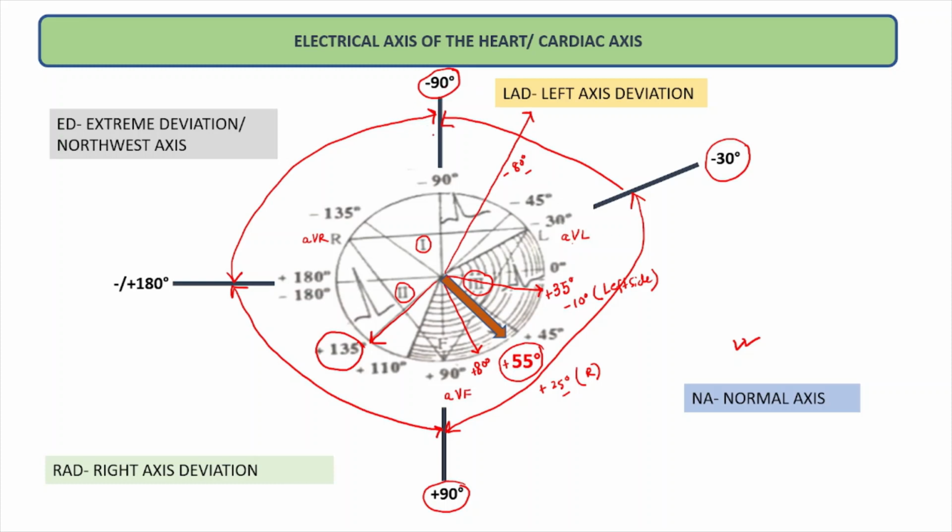If the electrical axis lies between minus 90 to minus 180 degree, this is called extreme deviation or northwest axis. And if the electrical axis lies between plus 90 to plus 180 degree, then this is called right axis deviation.